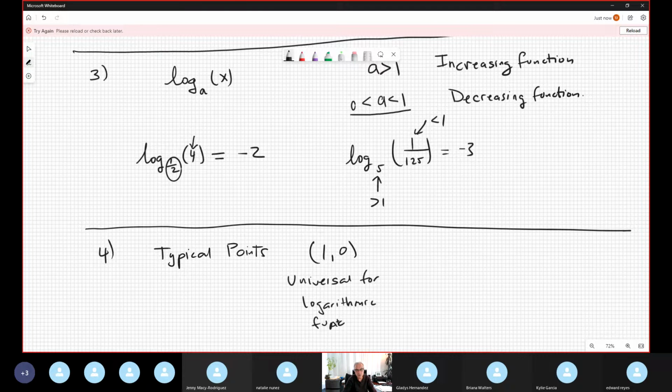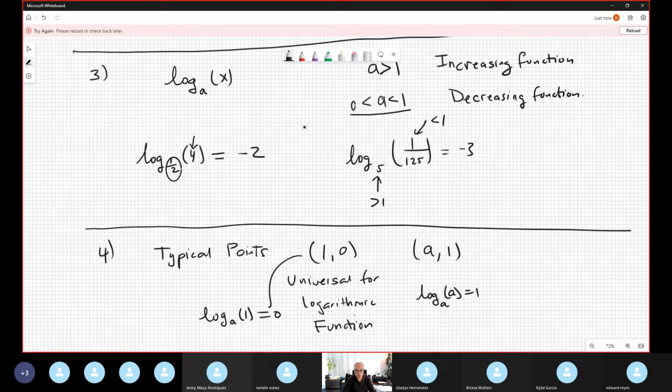The universal point for the exponential is 0, 1, but for the logarithm it is 1, 0. Another is the base, 1, because I know the logarithm base a of a is 1.